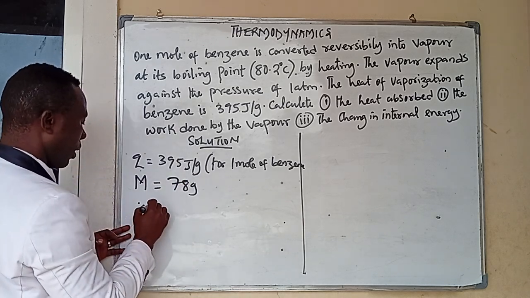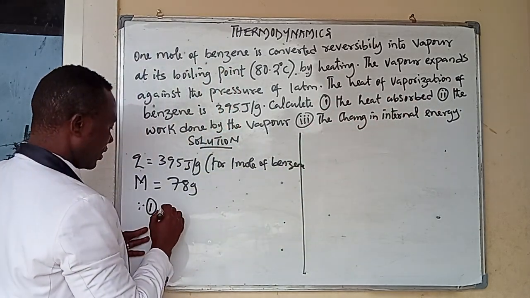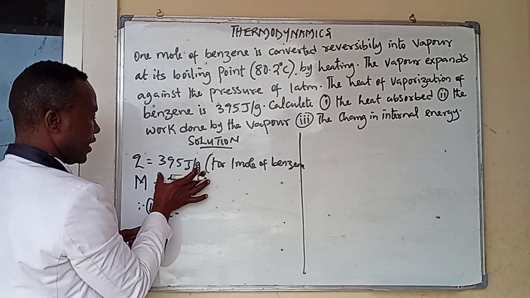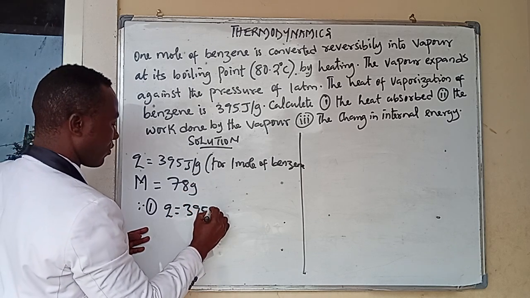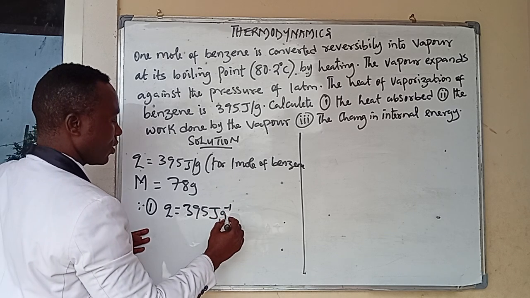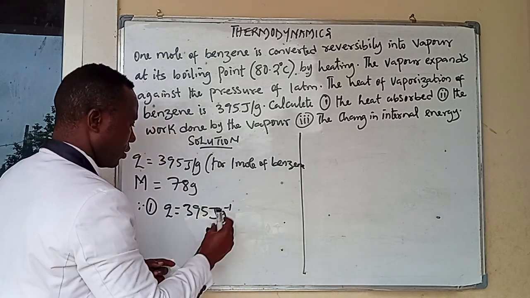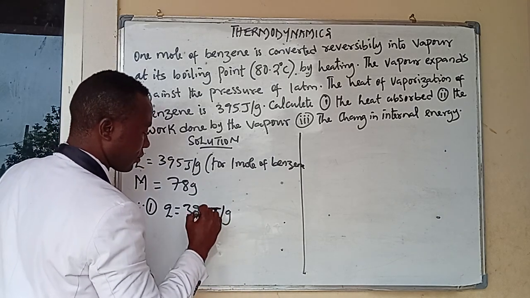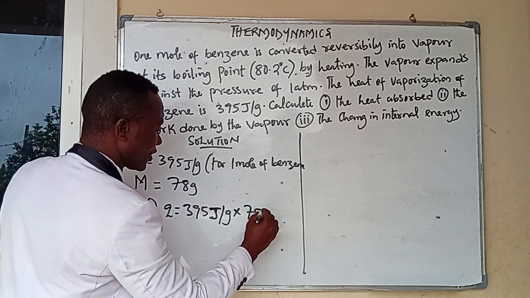Therefore, number one, which is for us to find the heat absorbed. The heat absorbed should be equal to the heat for 1 mole, which is 395 joules per gram, multiplied by the molar mass, which is 78 gram.